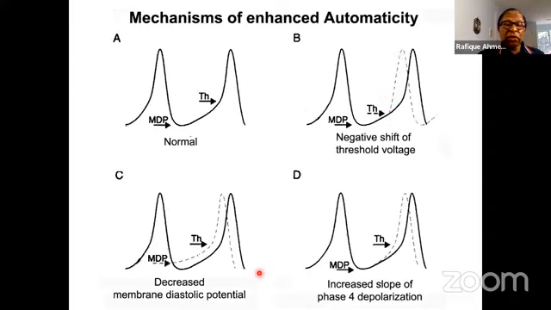I can also change the threshold of this. I can make the whole thing go up, decrease the membrane diastolic potential, and that will reach the threshold faster. And I can do it if I give a sympathetic drug, adrenaline, this is what is going to happen. Or we can change the slope of this whole thing and make it faster.